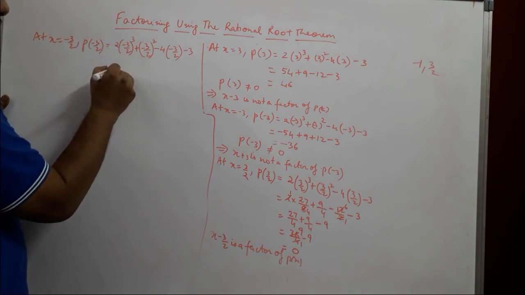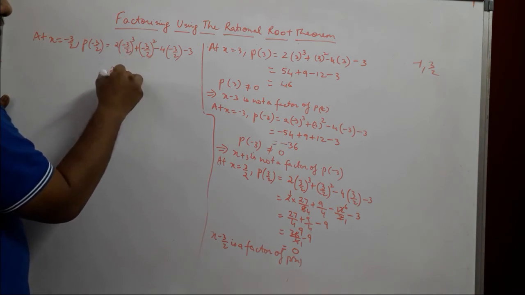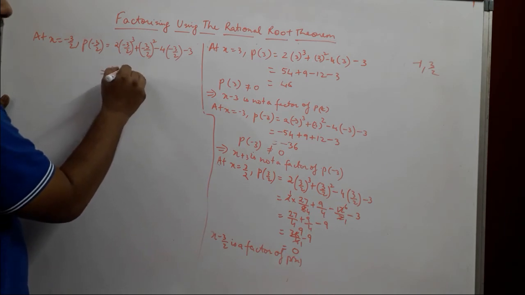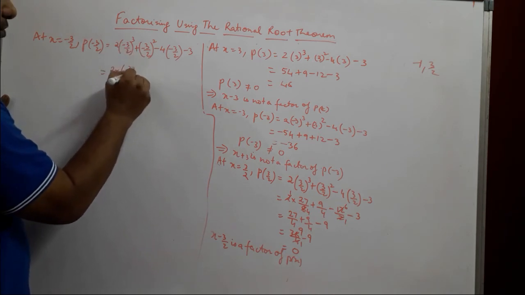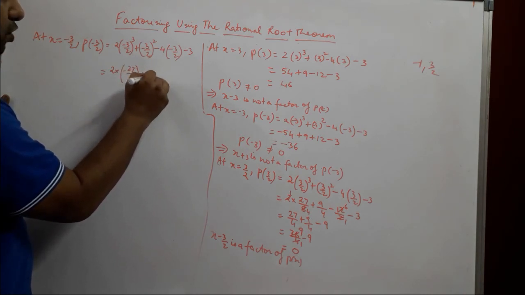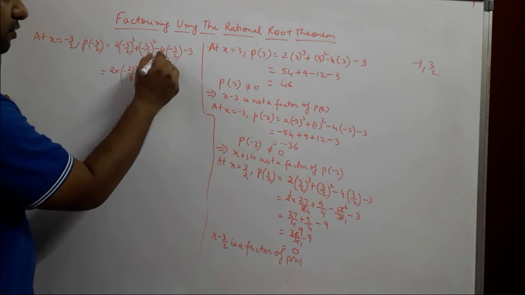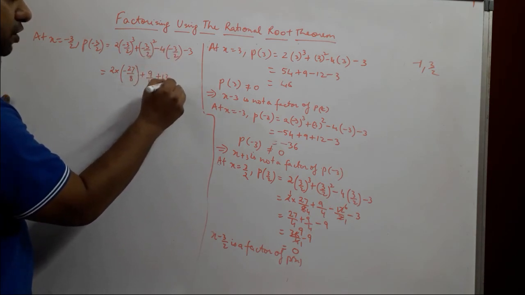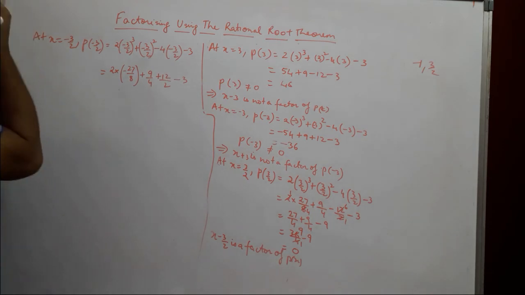We will get 2 into minus 27 upon 8. This will get positive 9 upon 4. Here we'll get minus 4 into minus 3 will get positive 12 upon 2, and this will be minus 3.